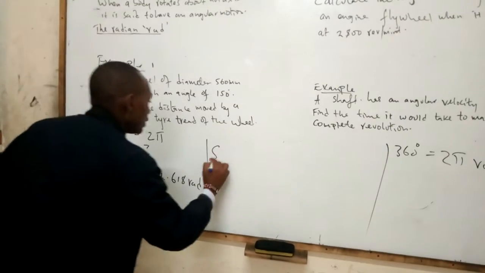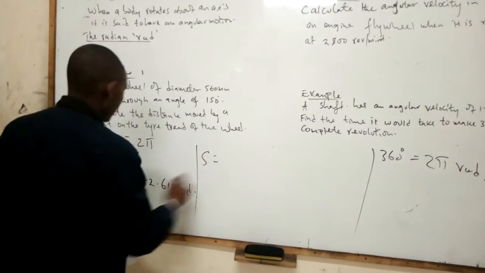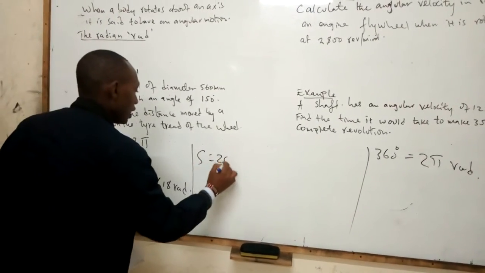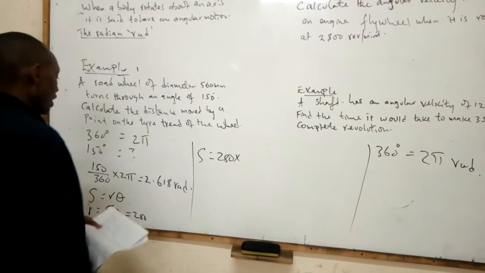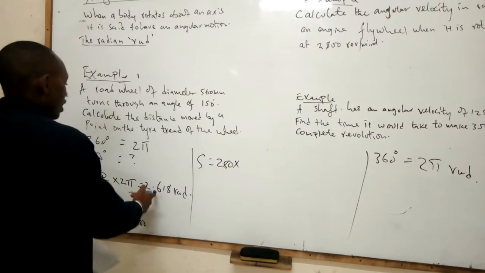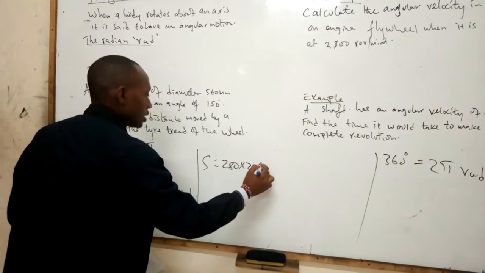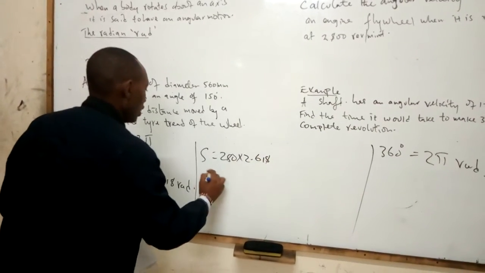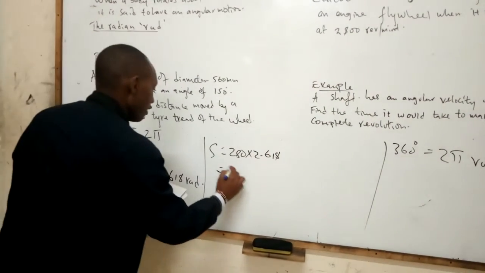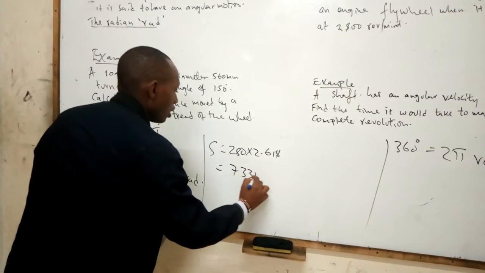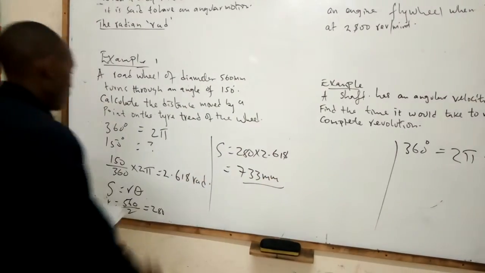So to get s, it is the radius 280 times the angle 2.618 radians. Now you get this to be 733 millimeters.